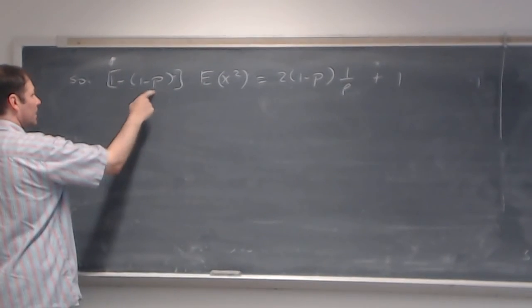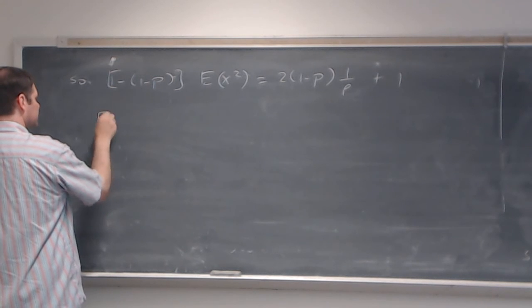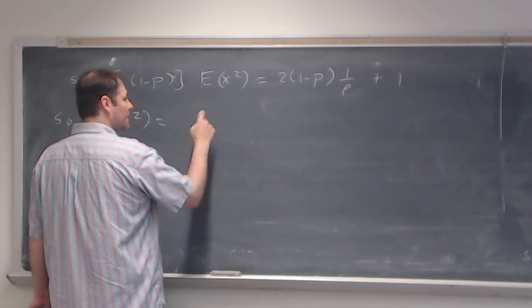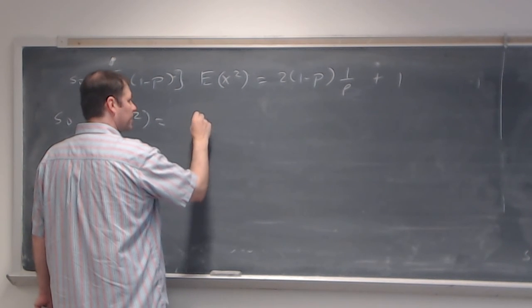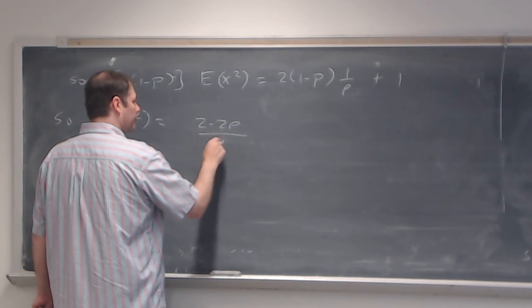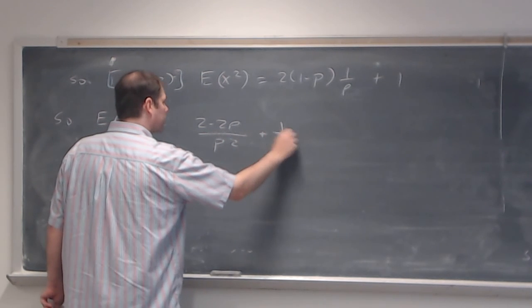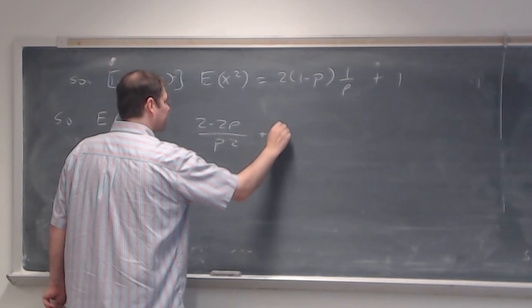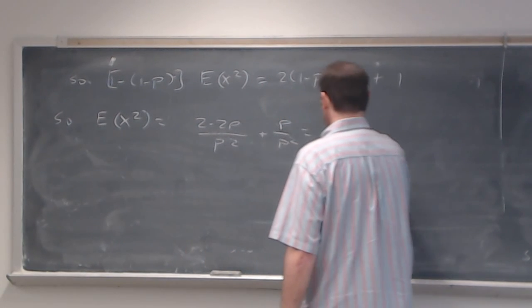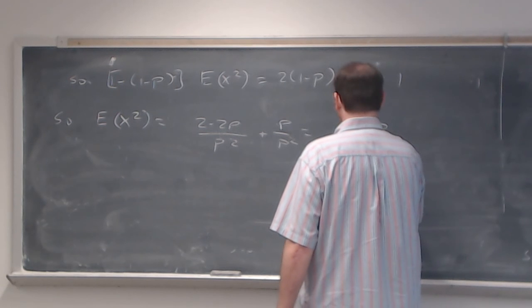So this is p here, so the expected value of x squared is equal to, if I divide everything by p, 2 minus 2p over p squared plus 1 over p, or p over p squared. And that's equal to (2 minus p) over p squared.